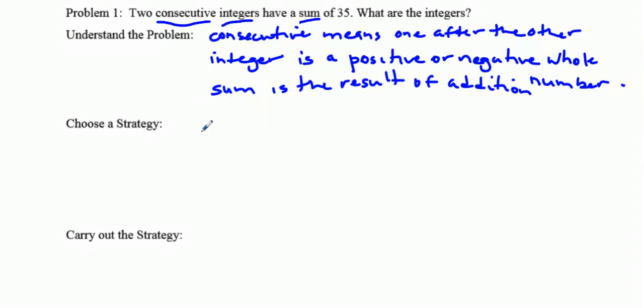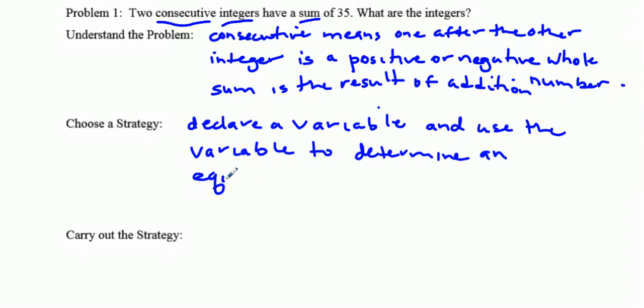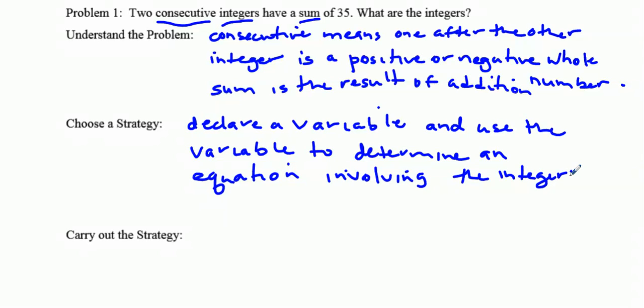Okay, now choosing a strategy. I'm going to declare a variable, and I'm going to use the variable to determine an equation involving the integers in the question.